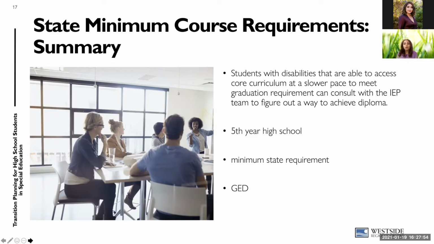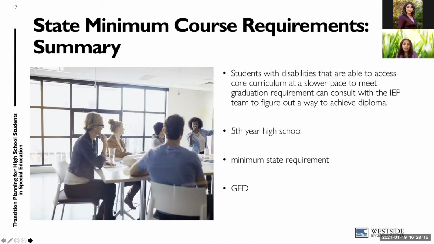So other options to look at for these students would be possibly requesting a 5th year of high school. If a child is only a few credits short to meet the minimum requirement or the requirement from the LEA, we can request 1 more year for the child to be able to complete it.